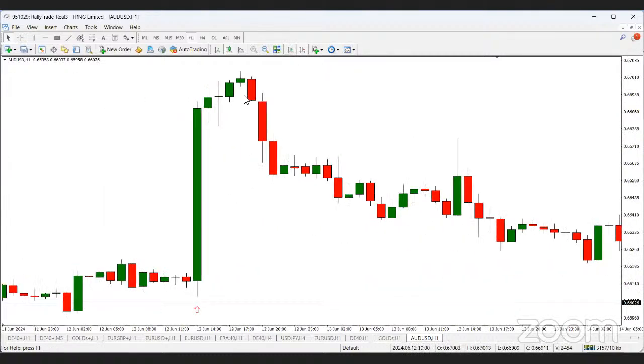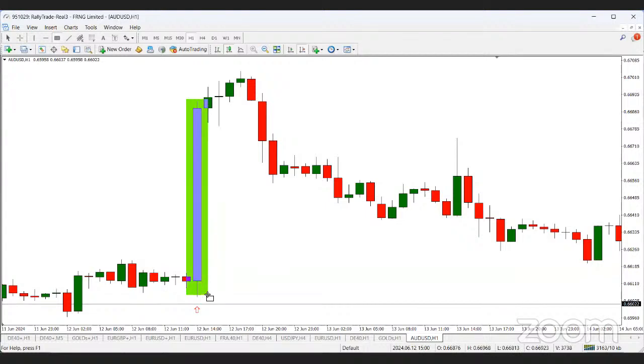That big candle is a reaction to news. It means that in that period the price rose sharply against the dollar, and since then the price has not been able to sustain the move.